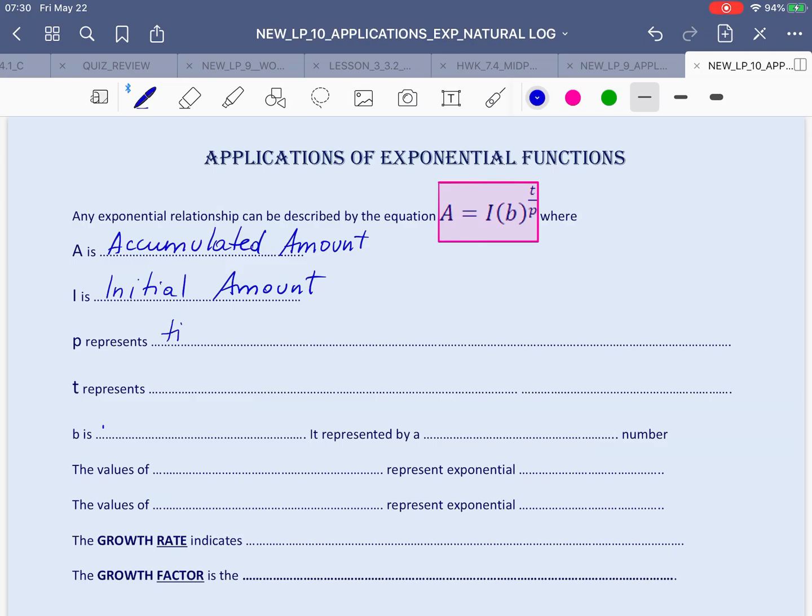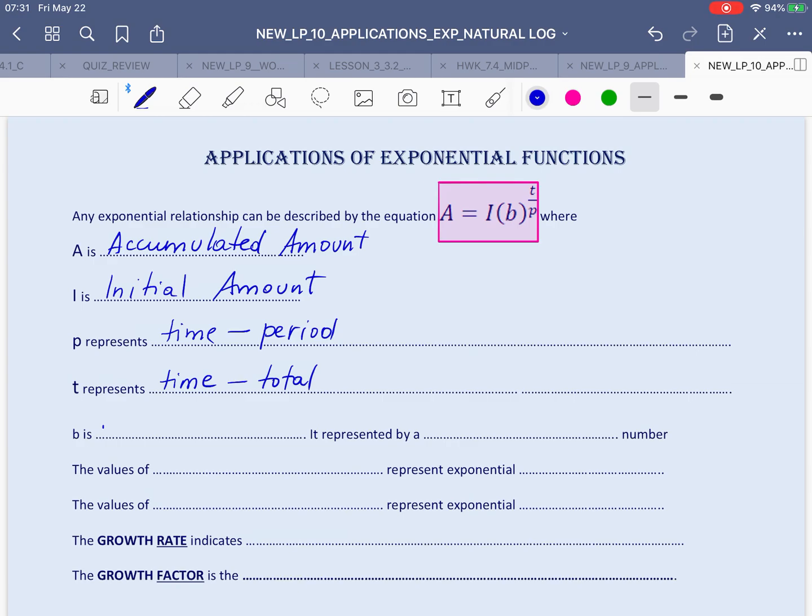Now we're going to talk about the letters T and P that are on the exponent. Both T and P represent time, but letter P represents the time period, and letter T represents the time total. The time period tells us how long it takes for one increase to occur, so one period of increase.